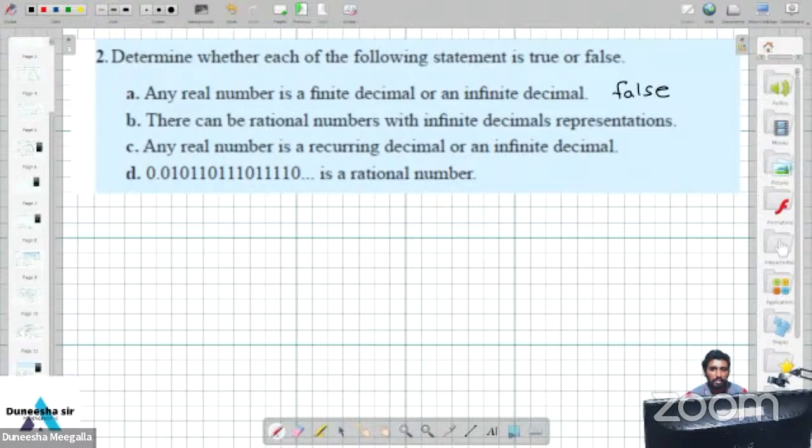What is the second one? There can be a rational number with infinite decimal representation.